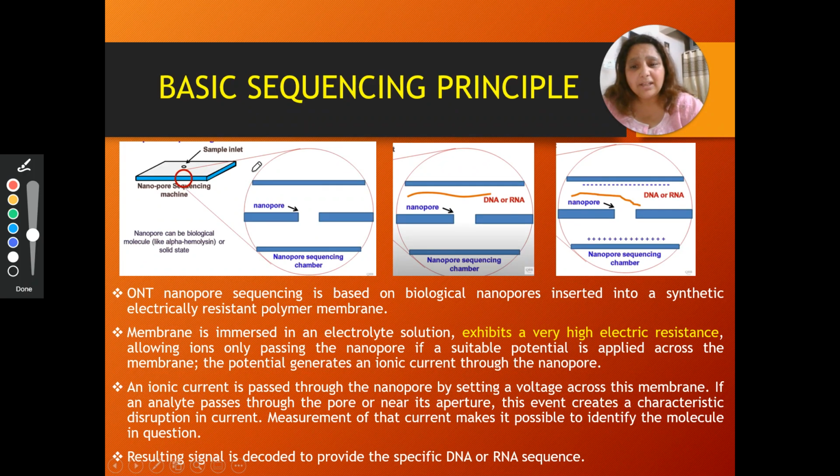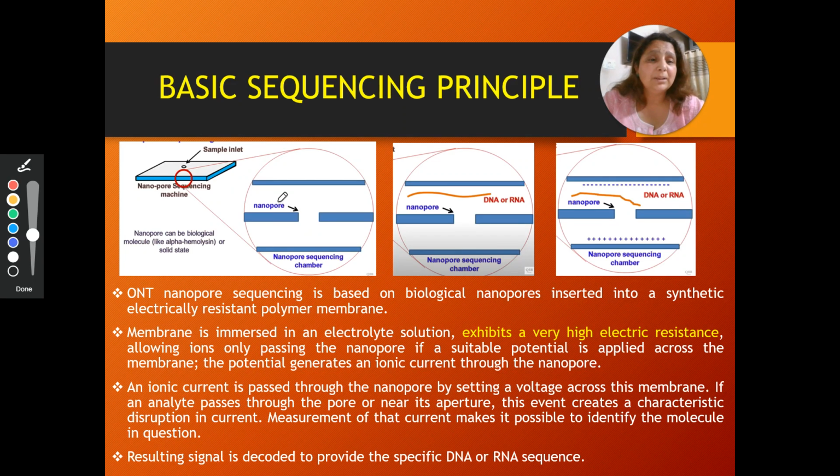Okay, if we magnify this whole area, then it will be like this. You see that this is the membrane right here, and this is the tiny pore which is present in this membrane. This tiny pore is called the nanopore. The important characteristic feature here is that कि ये जो membrane है, the membrane on which the nanopore is there, you have to remember that it is electrically resistant.